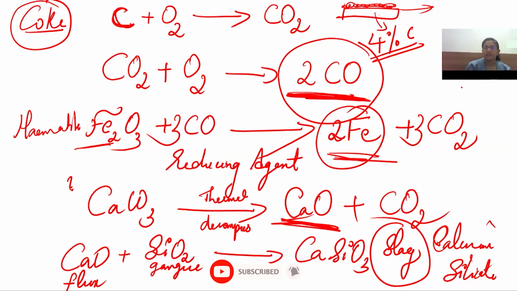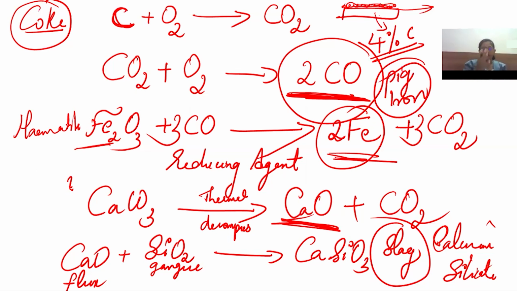We call it pig iron. So after the whole extraction process in the blast furnace, the iron we get still has some impurity, about 4% carbon. We call that iron pig iron.